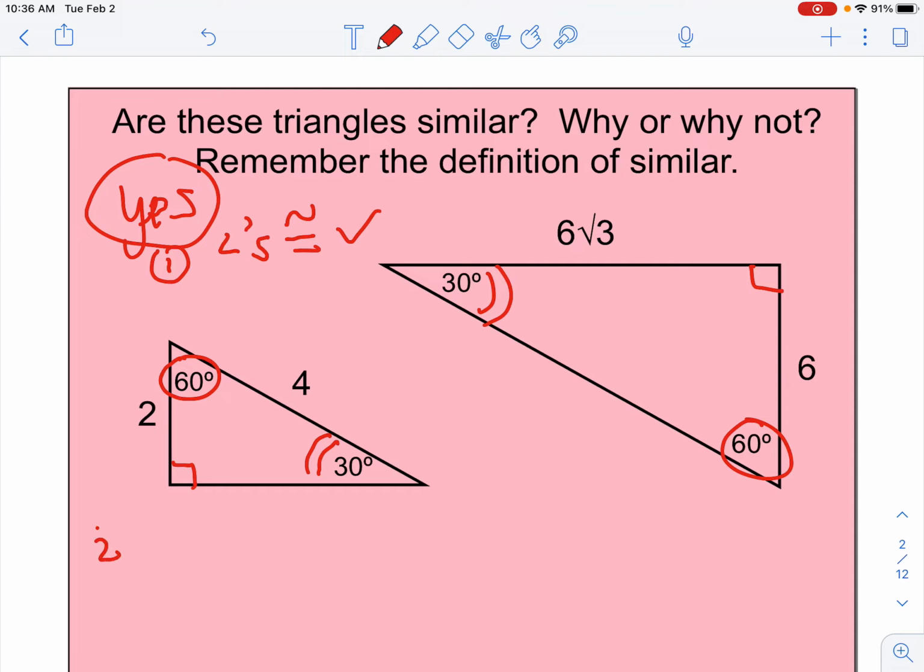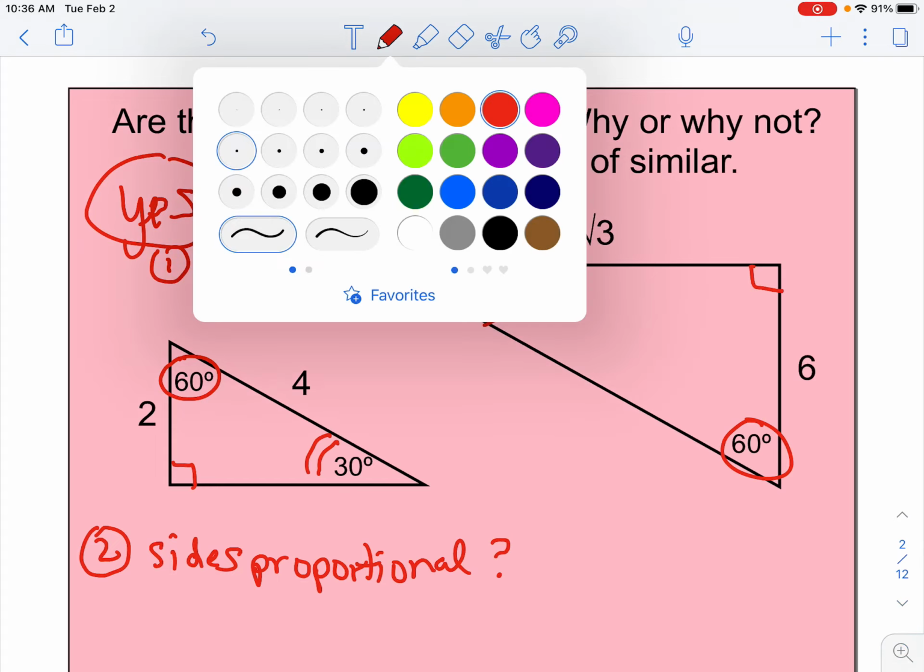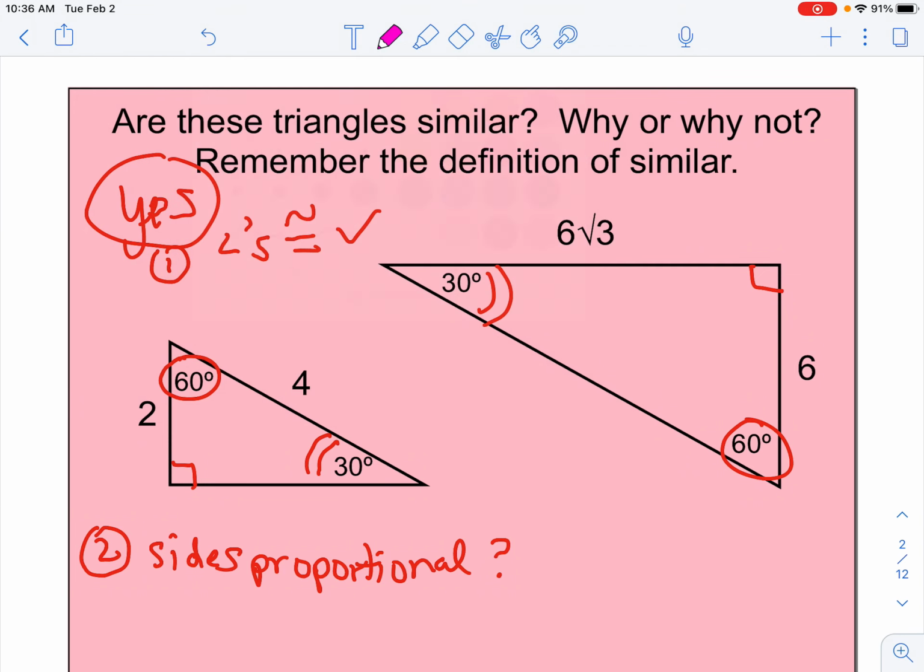And then the second thing we need to know is, are the sides proportional? Okay, we need to check that. Well, let's take a look at some of the sides. We have this side of 2 right here.